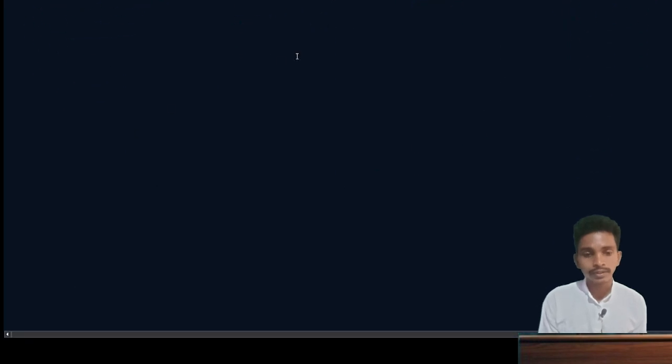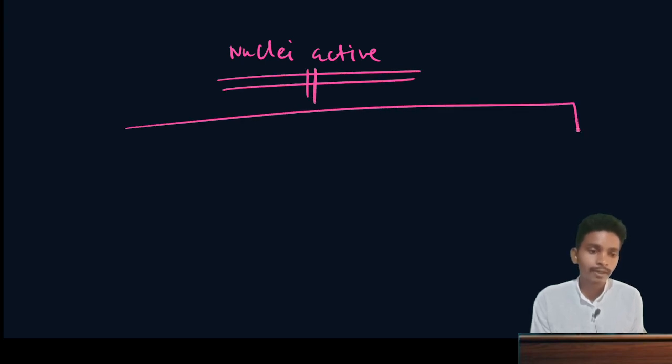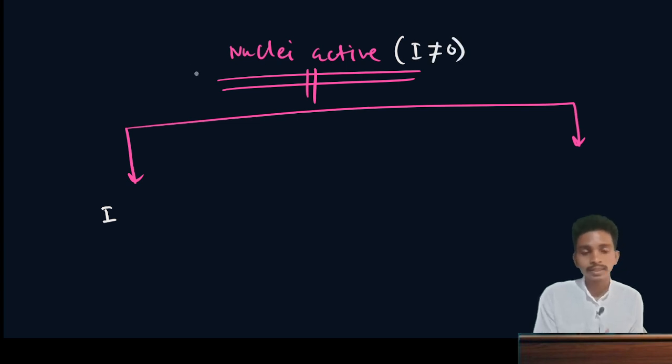So the reason is that we classify nuclei into two types. First is nuclear active. This nuclear active is also divided into two cases, based on spin. If I is not equal to 0, then that is nuclear active. Now this I is equal to half, or this I is not equal to half.